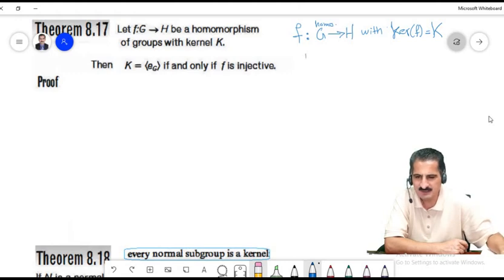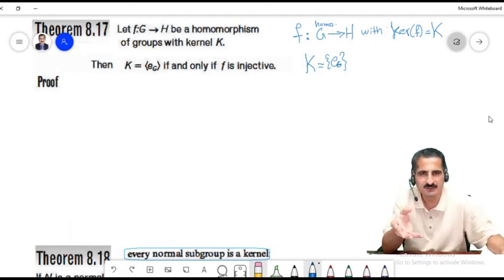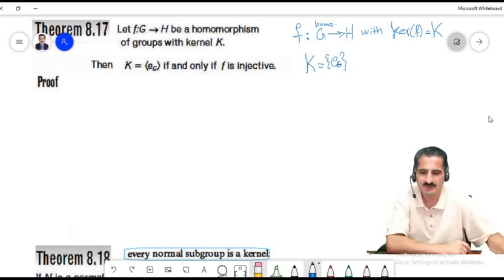Now what does this theorem say? It says that if we find that the kernel consists only of the identity of G, we know the identity is in the kernel. There might be other elements that are also in the kernel, but we are saying here, if there is no element in the kernel other than the identity, then that means the homomorphism we are working on is injective, is one-to-one.